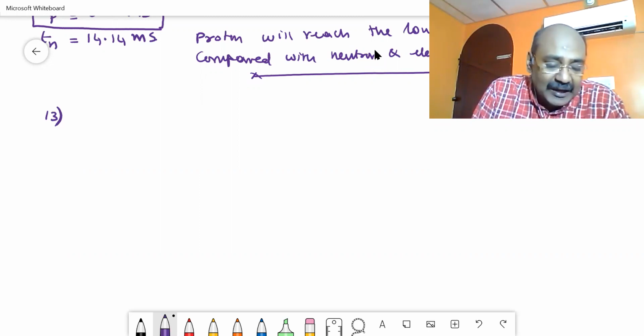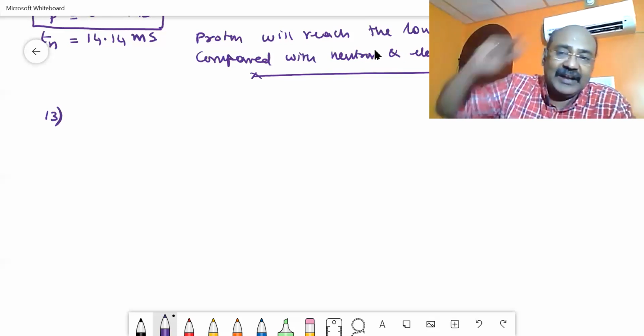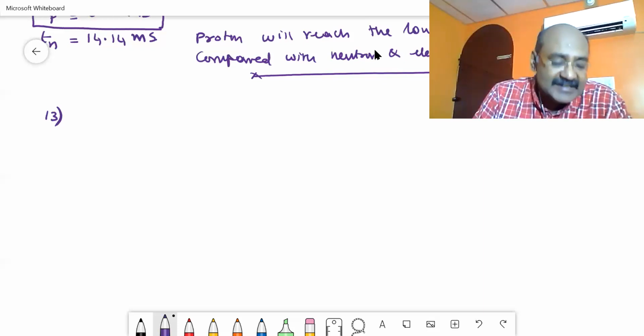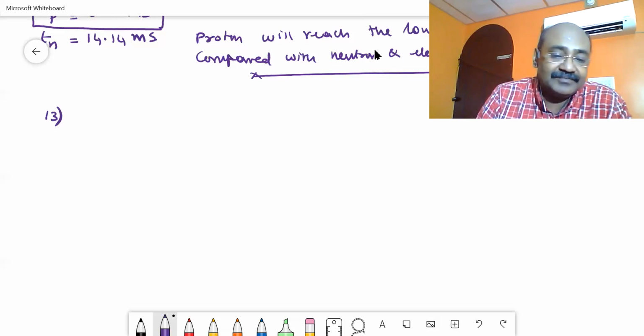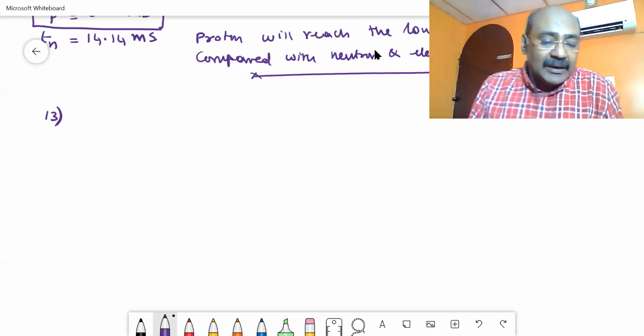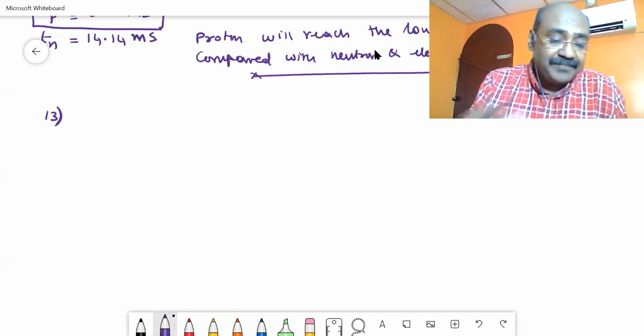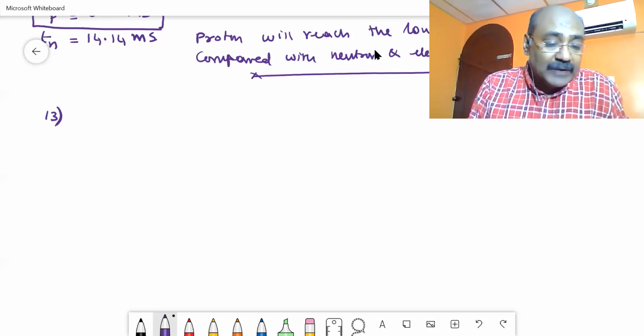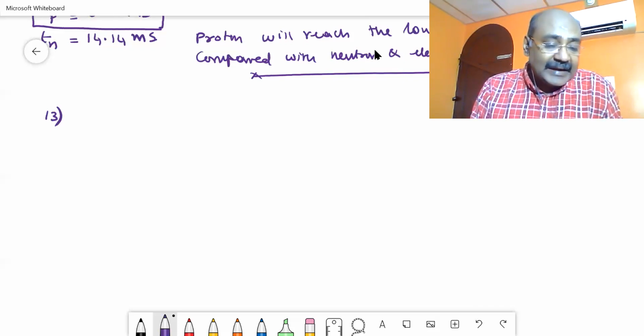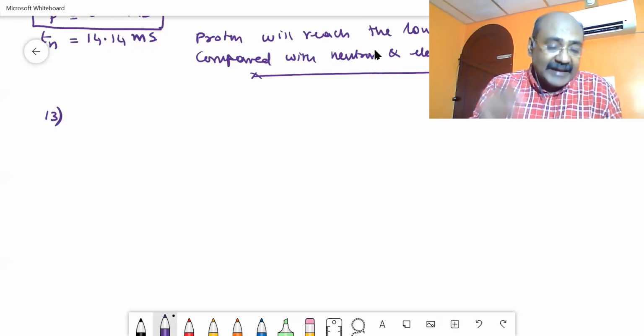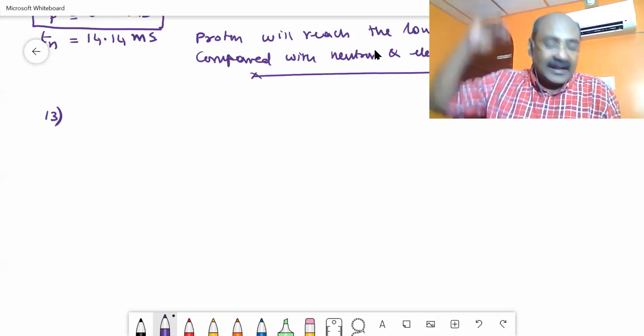If the electric field between the cloud and the ground exceeds the dielectric breakdown of air, that is 3 into 10 to the power of 6 volts per meter, the lightning occurs. If the bottom part of the cloud is 1000 meters above the ground, determine the electric potential difference that exists between the cloud and the ground.